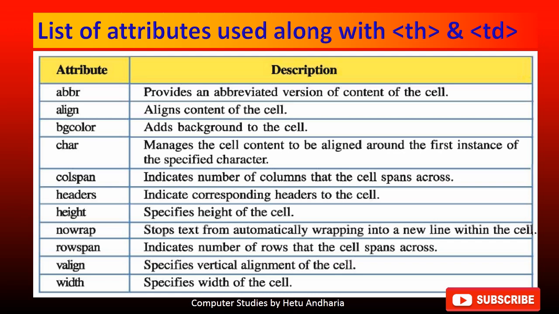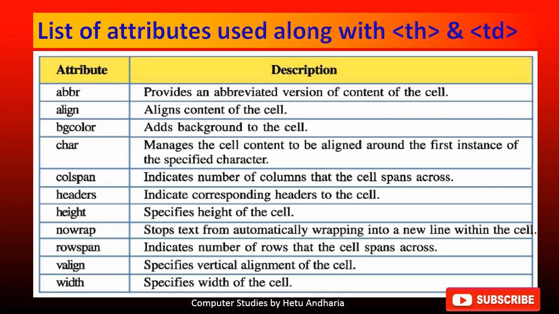Then CHAR, that is character, manages the cell content to be aligned around the first instance of a specified character. Colspan, a new thing that you will be taught just now, indicates the number of columns that the cell spans across. That is, you can combine different columns using colspan, which you will be taught in practicals.